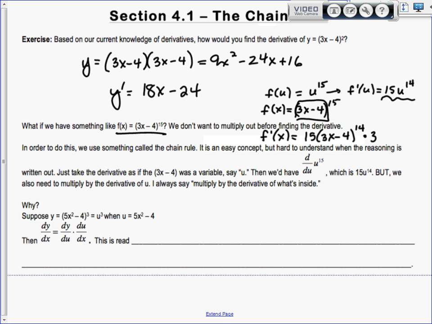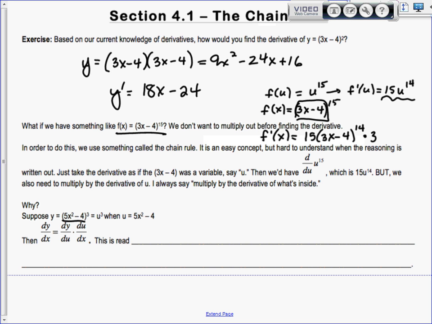Okay, so it says suppose y is equal to (5x minus 4) cubed. That's going to be equal to u cubed when we let u equal the inside part, the 5x minus 4. When you're writing it in the Leibniz notation, remember what that's representing.